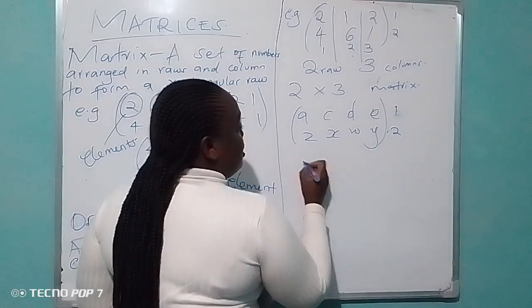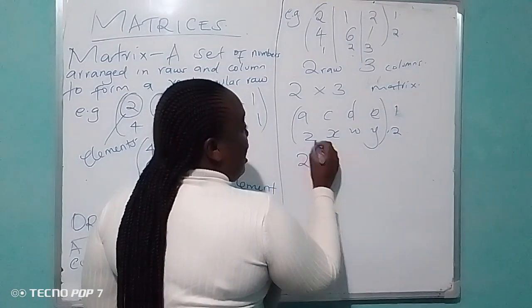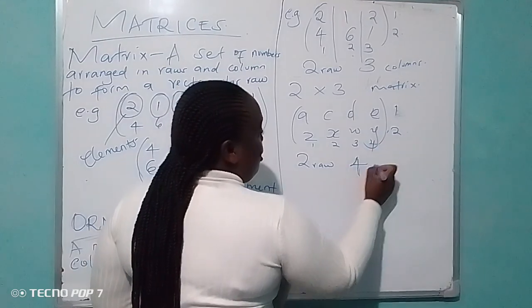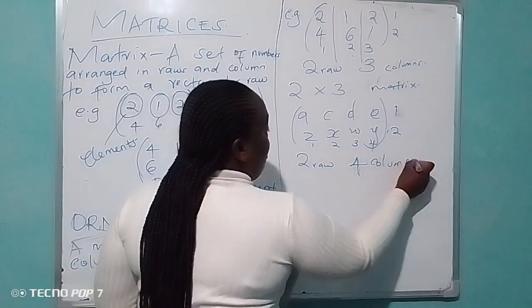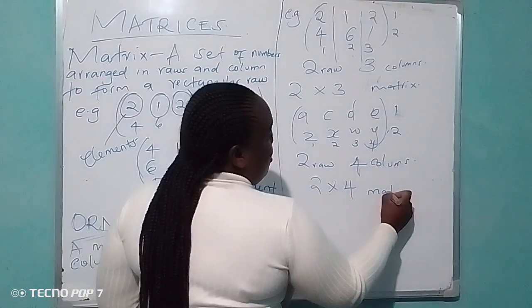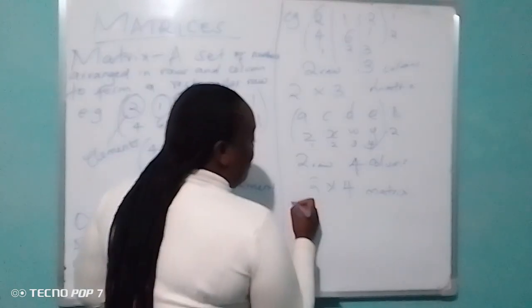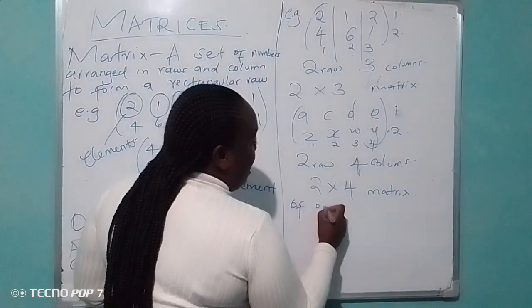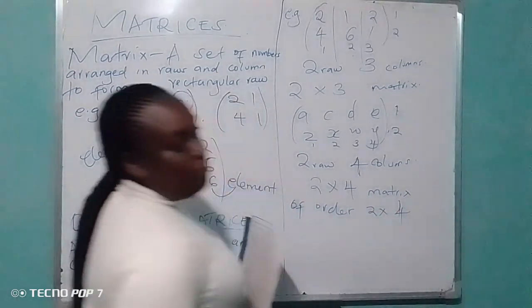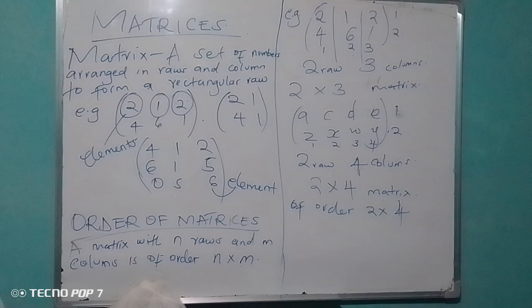And columns, so it has 2 rows and 1, 2, 3, 4 columns. So we can call this matrix a 2 by 4 matrix. Or we can say that it is of order 2 by 4. Up to there, are we okay?